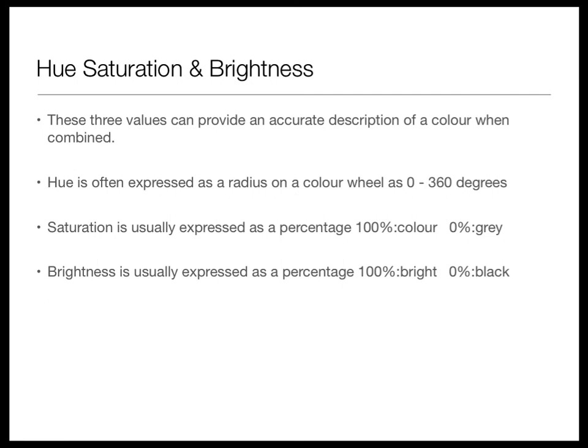Hue is often expressed as a color wheel, and it's a position on the wheel. So it goes from 0 around 90, 180, all the way around back to 360 to 0. So we usually express that as a value between 0 and 360.